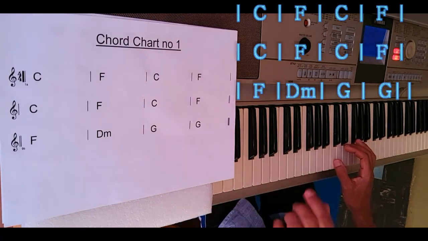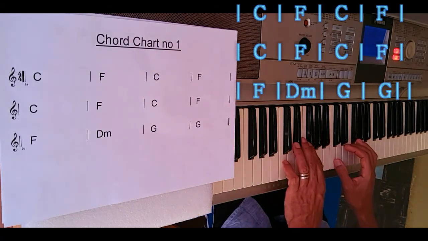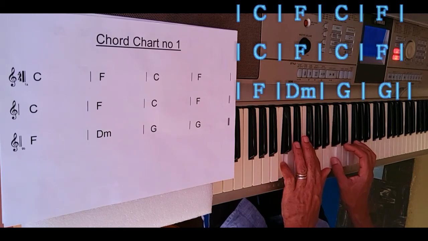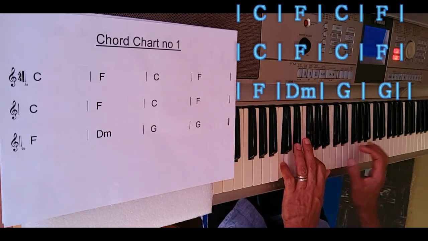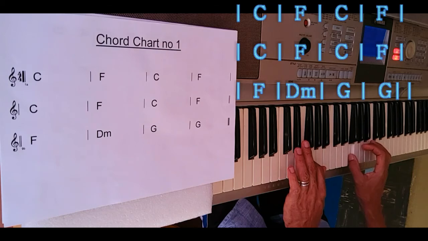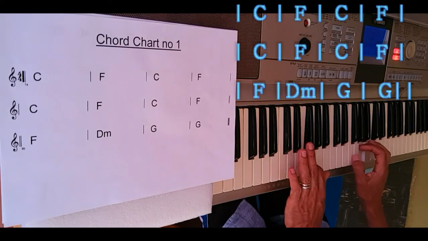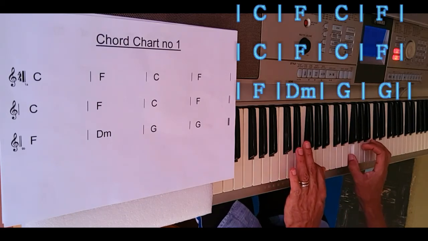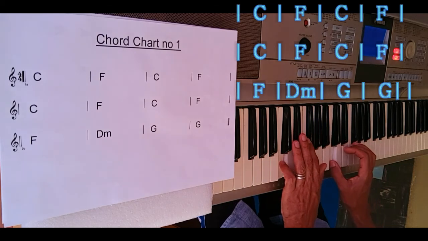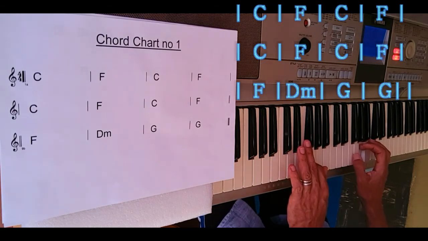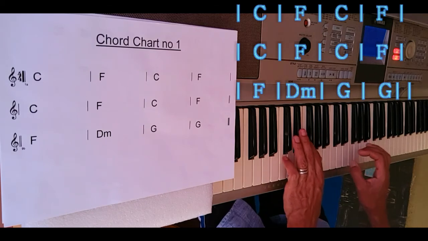Now, let's play with the chord chart. C first, 1, 2, 3, 4. 1 and 2 and 3 and 4. Again, C, 1 and 2 and 3 and 4.